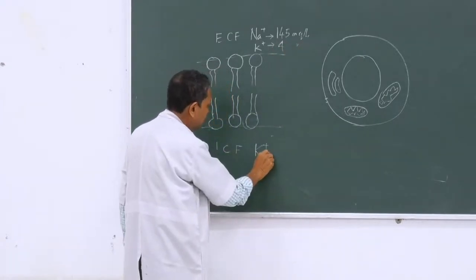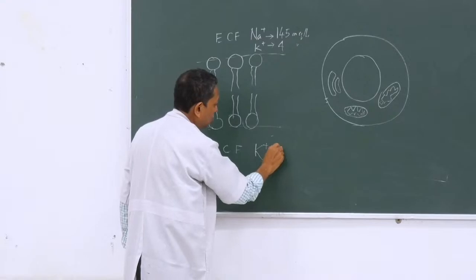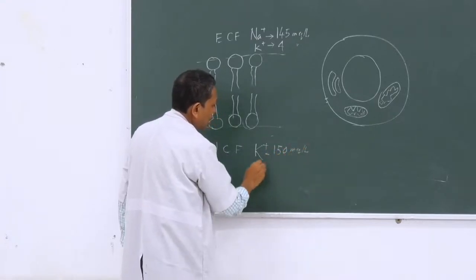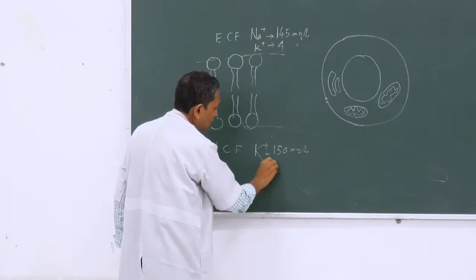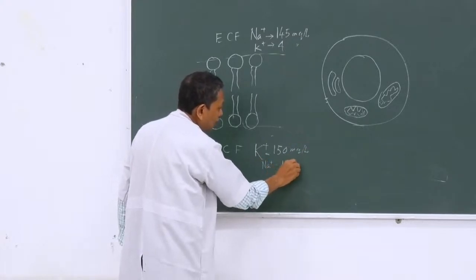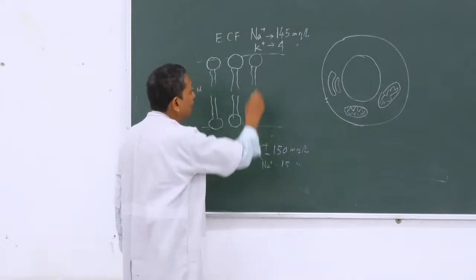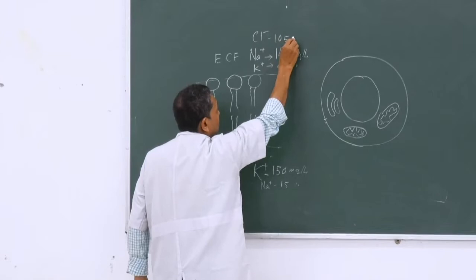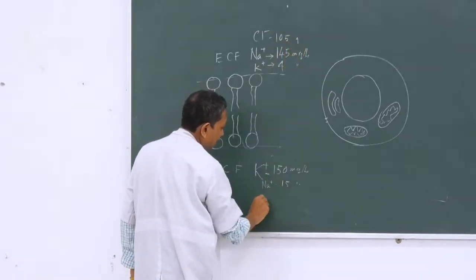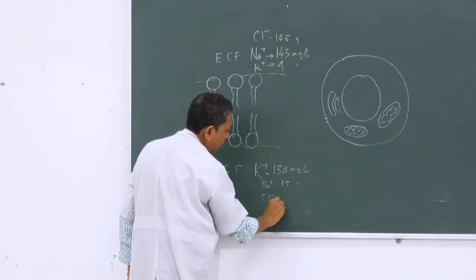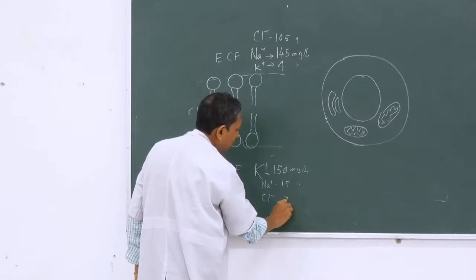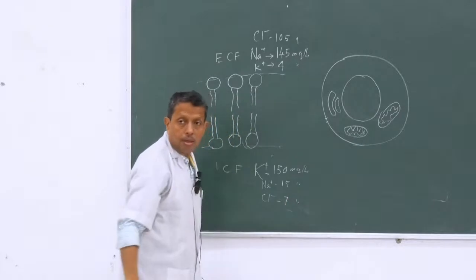But in the intracellular fluid, potassium concentration is 150 milliequivalent per liter, and sodium concentration is 15 milliequivalent per liter. Chloride concentration is more in the extracellular fluid, 105 milliequivalent per liter, and much less here, around 7 milliequivalent per liter.